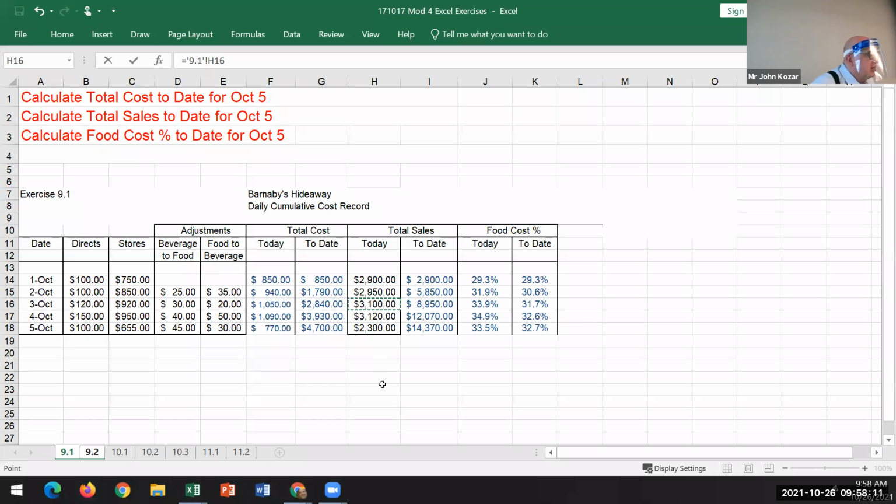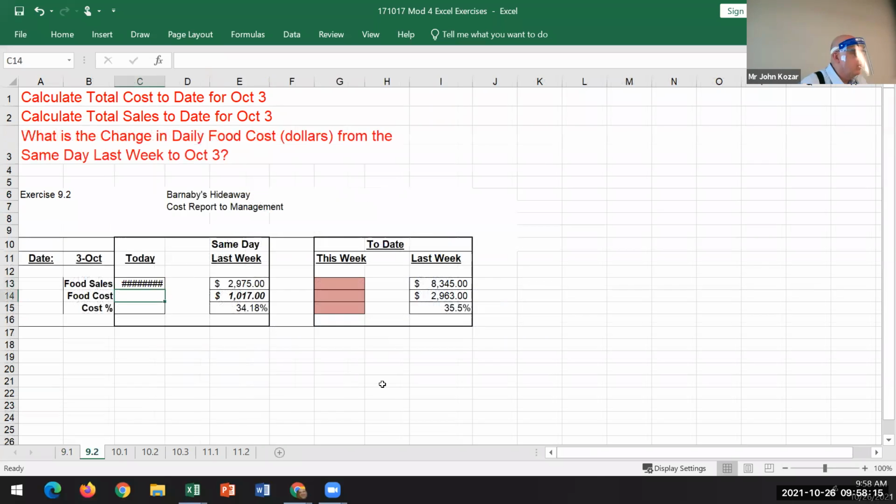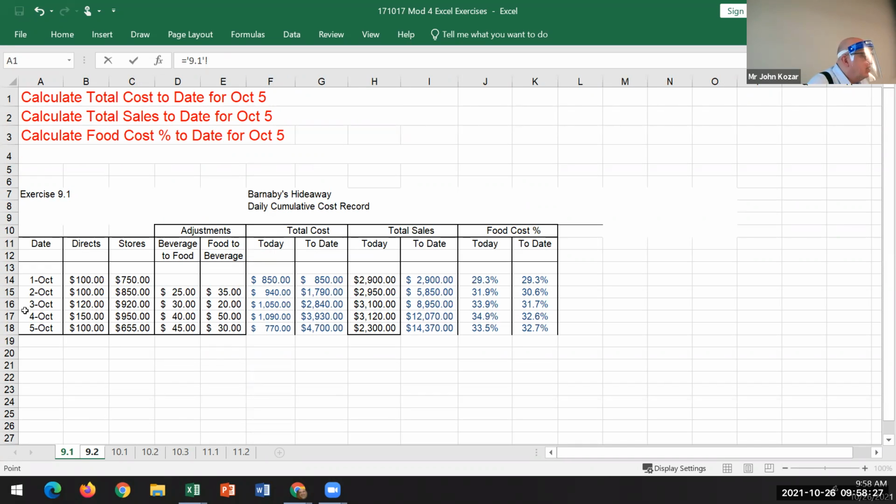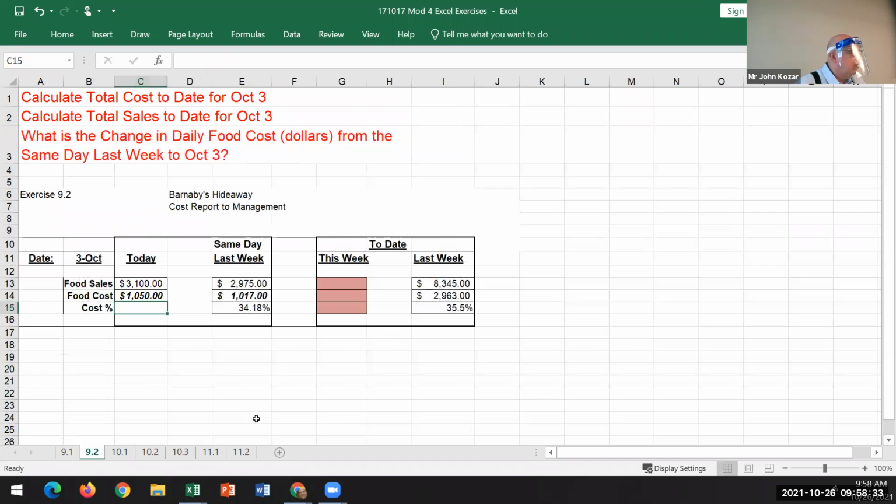Okay, 3,100. Food cost would be 1,050. And then the cost percent, you can either calculate it here or pull it off of the sheet.